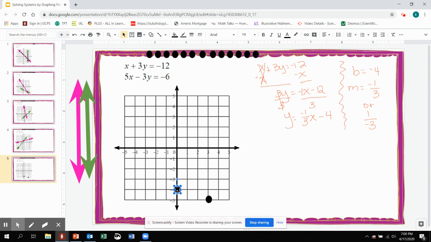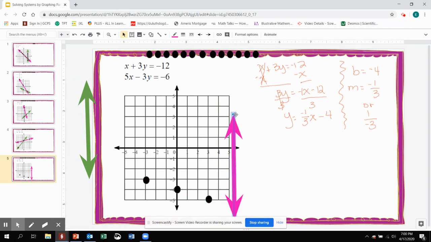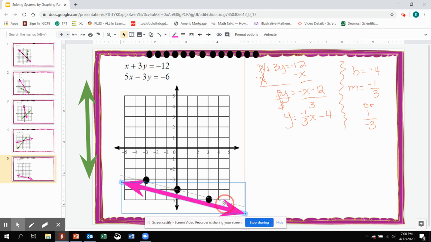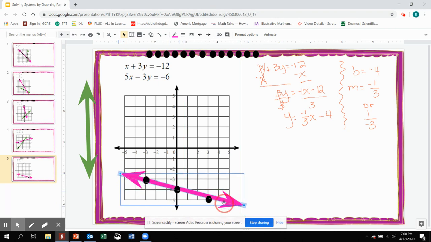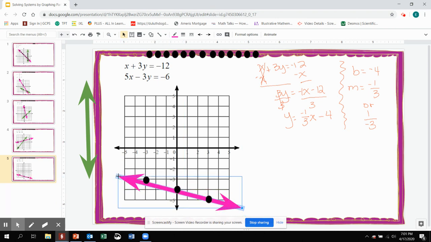So that would be a rise of +1, so that's up 1, and a run of -3, and that's left 3. So those points would make up my first line. So if I graph that, my line would look something like this.